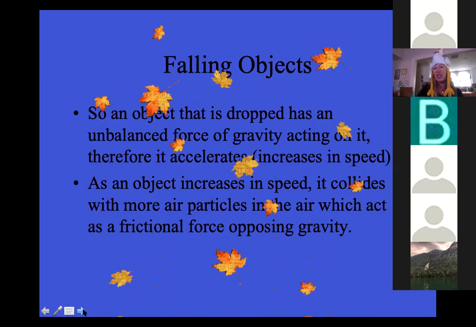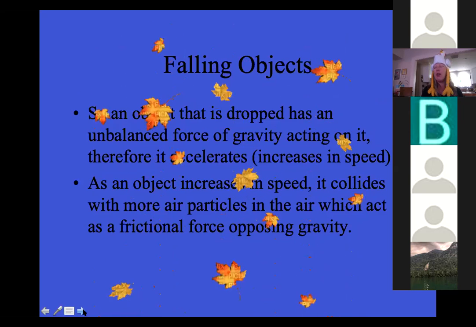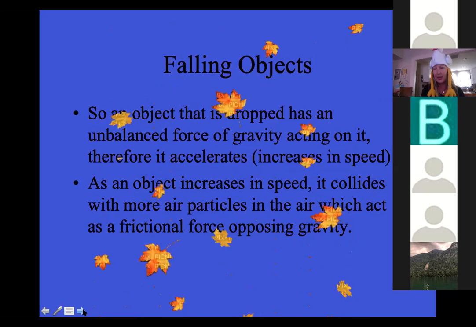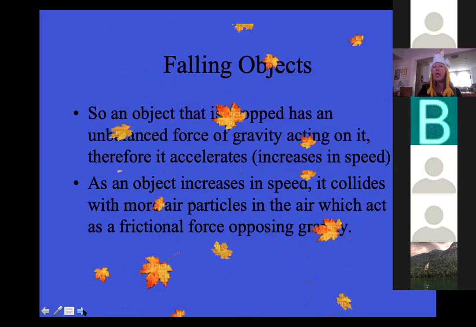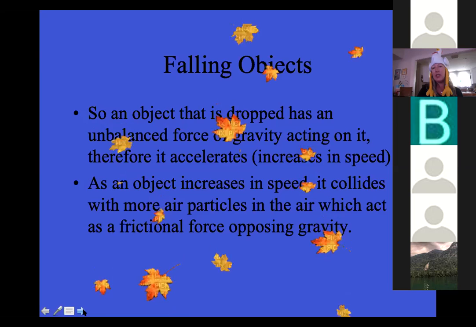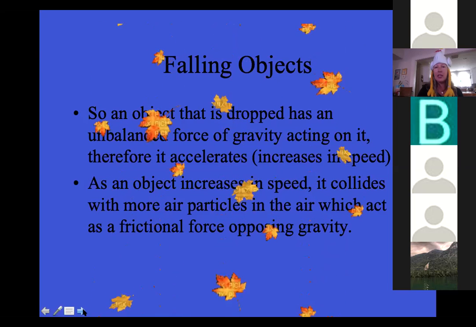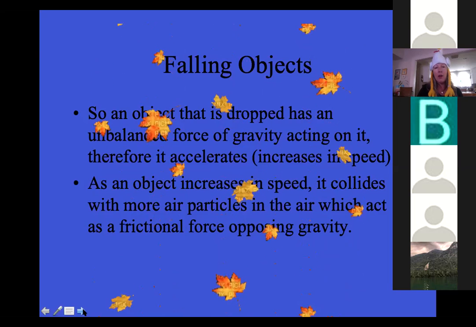When an object is falling, it has an unbalanced force of gravity acting on it, right? Gravity is pulling it down to the earth, and gravity is a force. So that object is being pulled down with an unbalanced force.